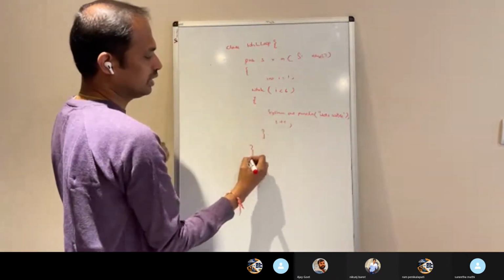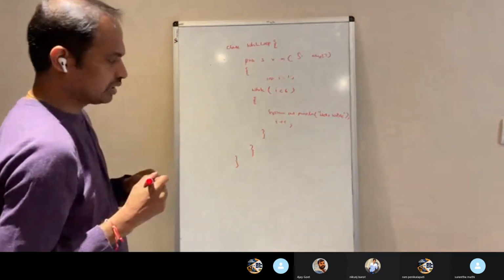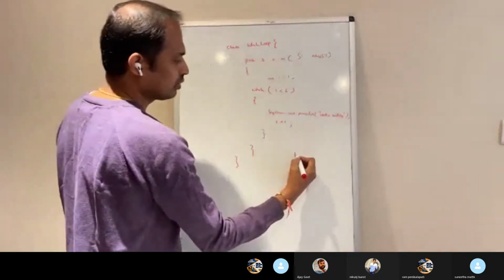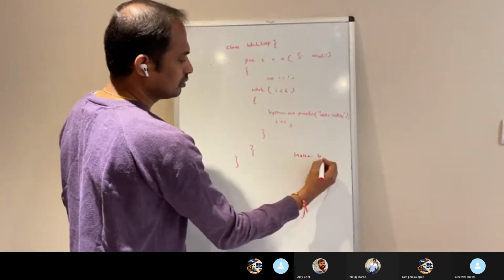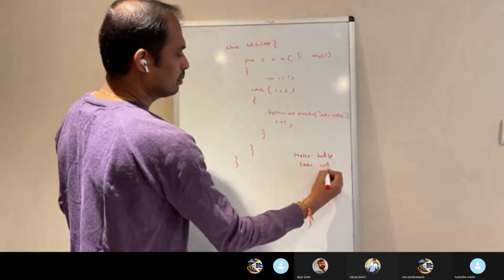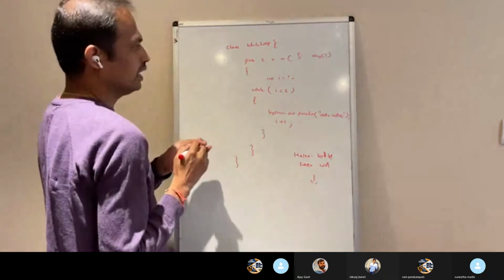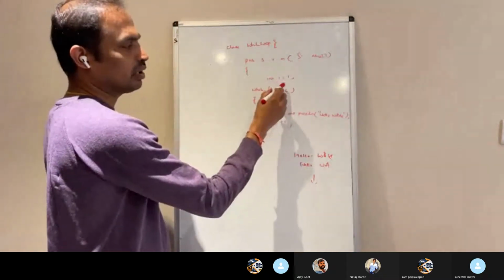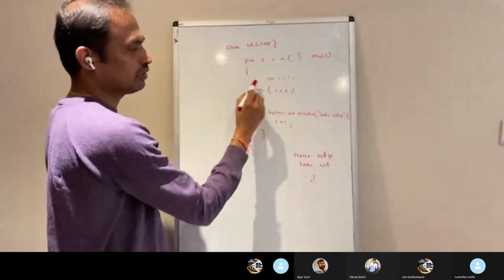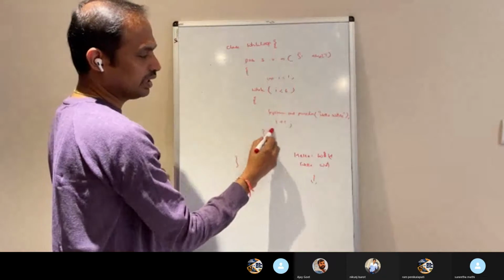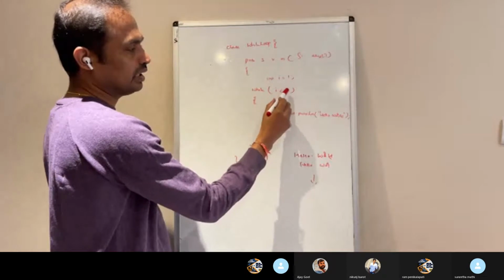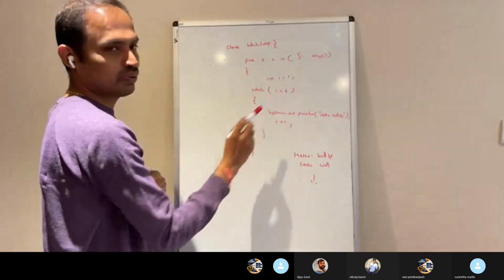The while closes here, then the main method and class close, and this will print hello world 5 times. So the int initialization is done outside the while loop, and the increment should be done inside the loop. The condition is written here, and it checks whether it is true or false.